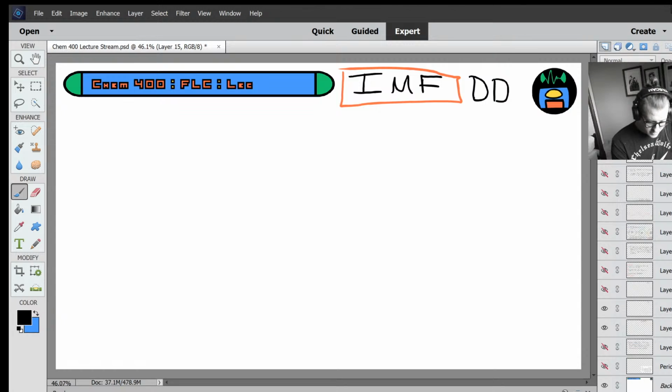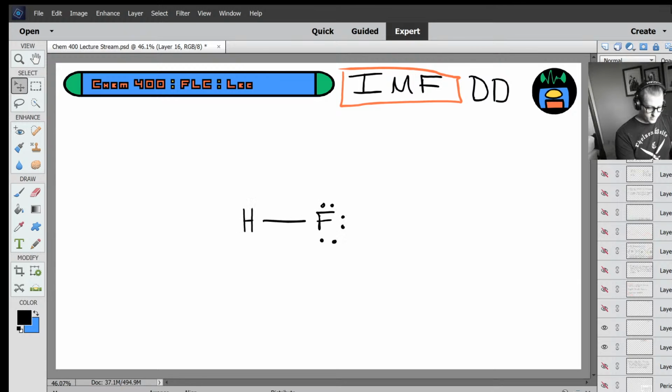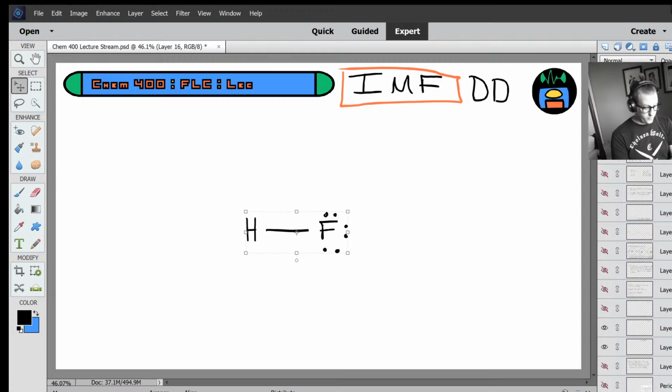we're not quite done, but we need to open a new slide. So molecules that have dipole moments will arrange themselves in specific ways. All right, so here's, for example, a molecule of HF, and again, as we already know, we have a partial positive charge on the hydrogen and a partial negative charge on the fluorine.